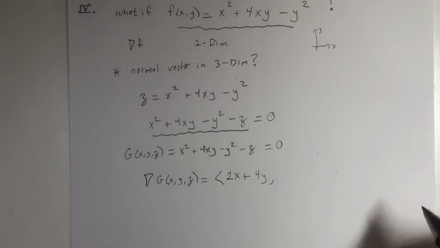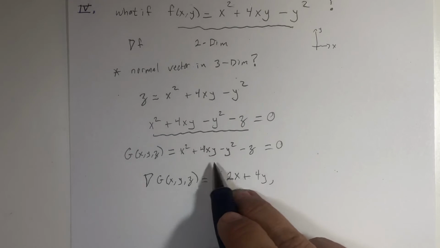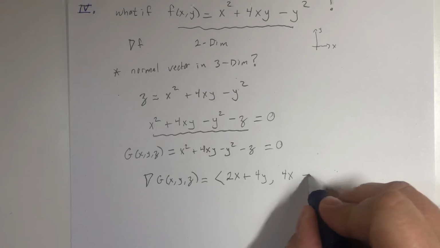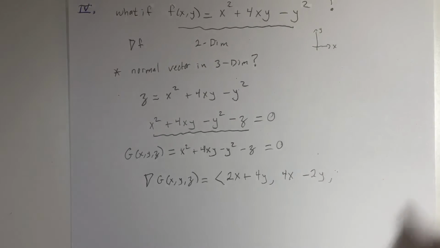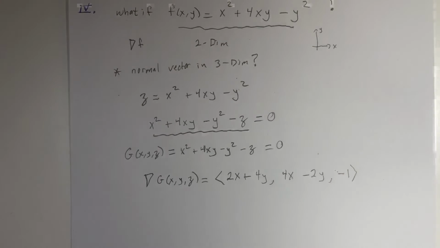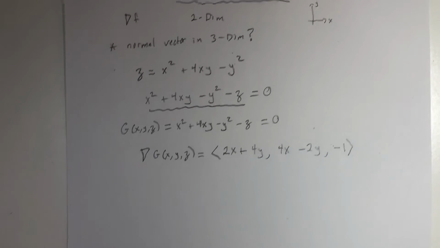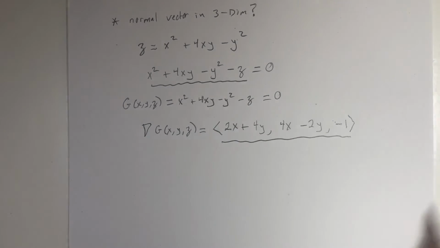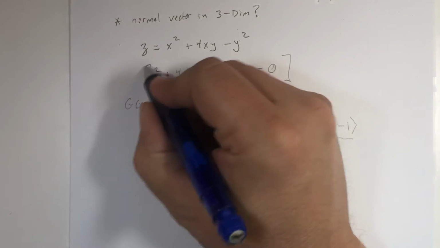And the y partial derivative would be 4x minus 2y. And the z partial derivative is just negative 1. That's the only term with a z in it. This will be a normal vector to the 3-dimensional surface that we see right here.